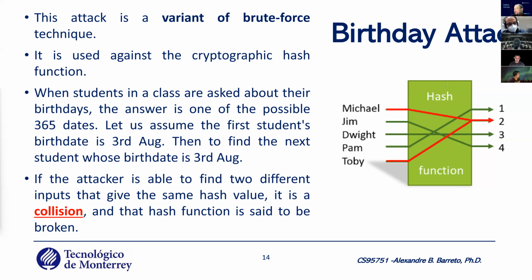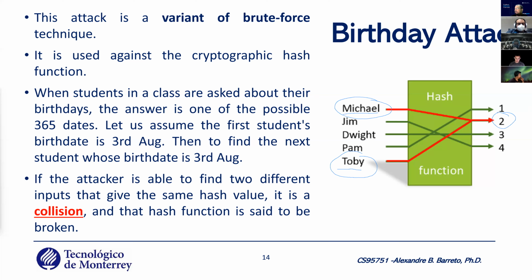It's the first property of the hash function. However, the hash function has another property. The probability of 2 different inputs generating the same output needs to be very, very, very low. Because when this situation happens, you have a collision. For example, here you have Michael and Toby. Both users, when applying their passwords, generate the same hash value.